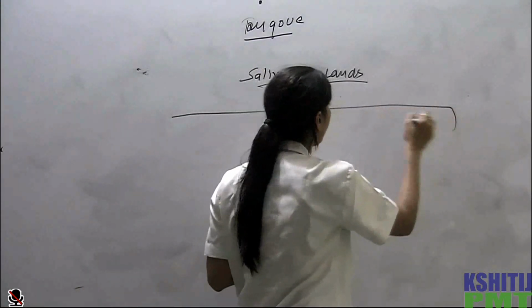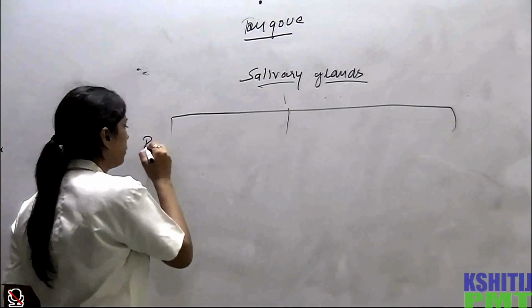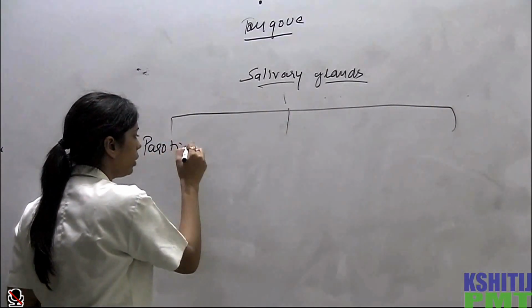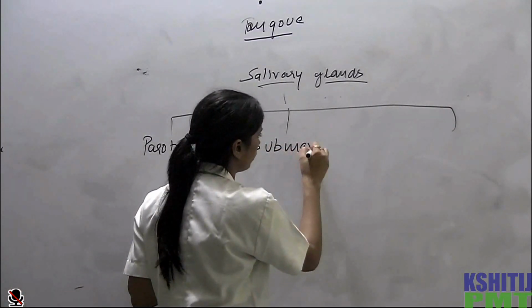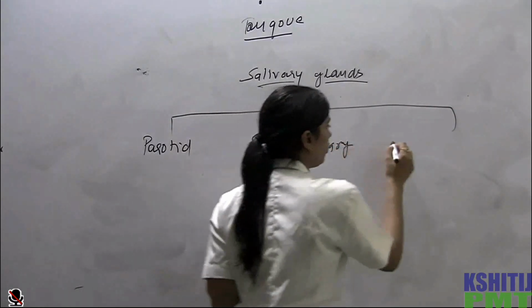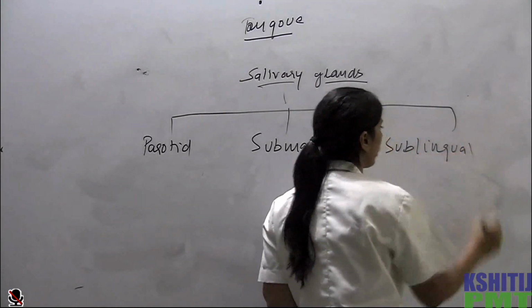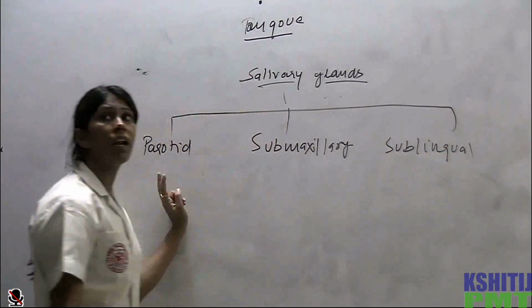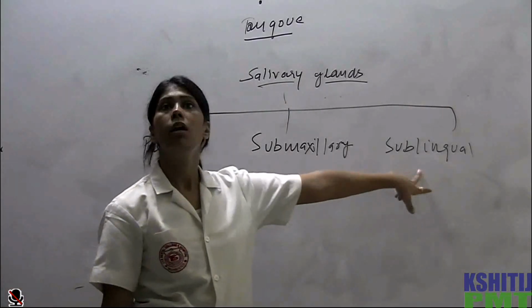Number one, the parotid gland. Then we have the submaxillary, and then the sublingual. So we have three types of glands: parotid gland, submaxillary gland and sublingual gland.